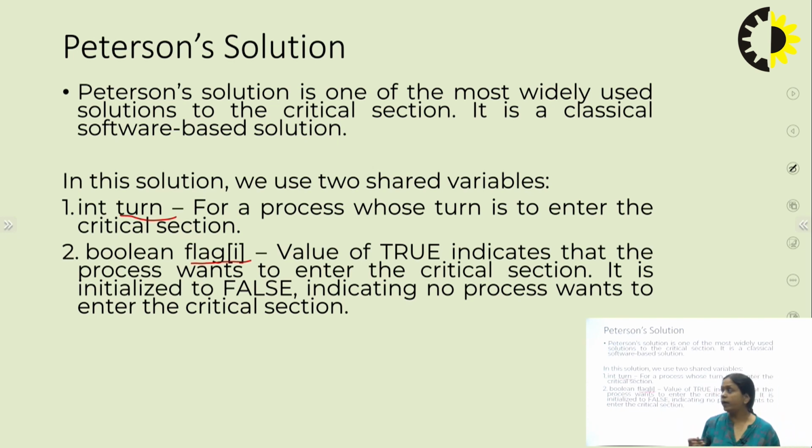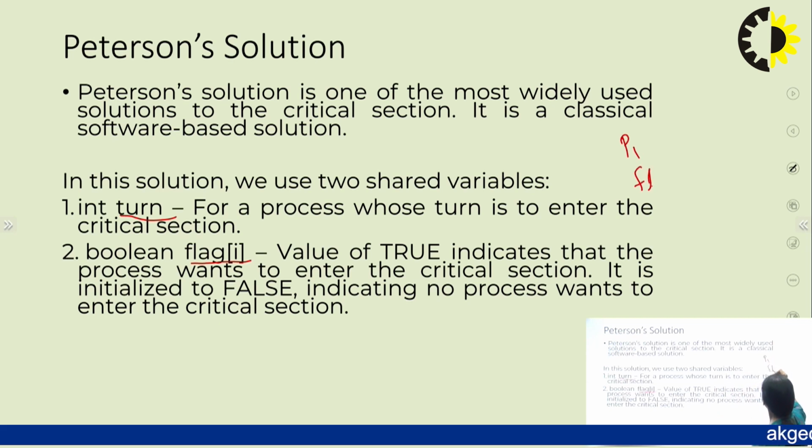The value true indicates that the process wants to enter the critical section. It is initialized to false, indicating no process wants to enter the critical section. Fine. So, when the value of flag is true, for example, we have process 1, then flag of process 1 is equal to true.